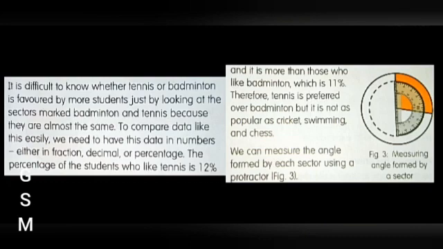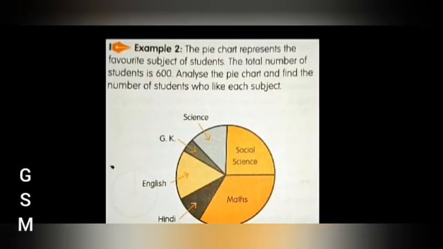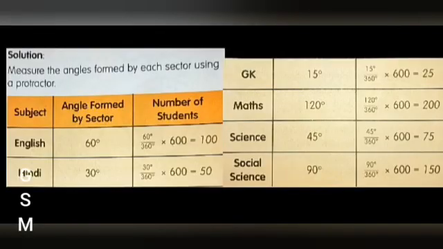We can measure the angle formed by each sector using a protractor. Example, the pie chart represents the favorite subject of students. The total number of students is 600. Analyze the pie chart and find the number of students who like each subject. Measure the angles formed by each sector using a protractor.